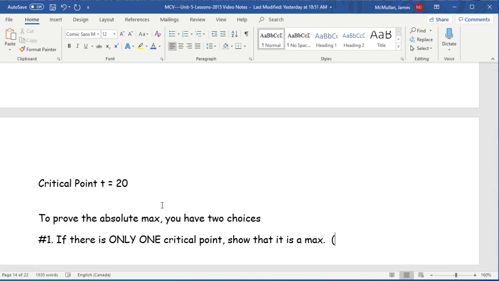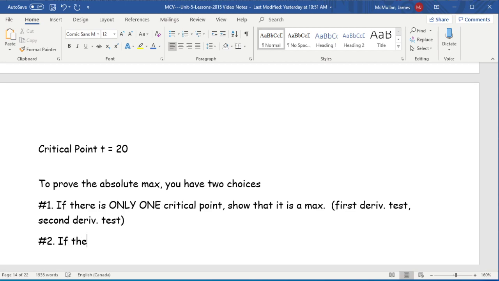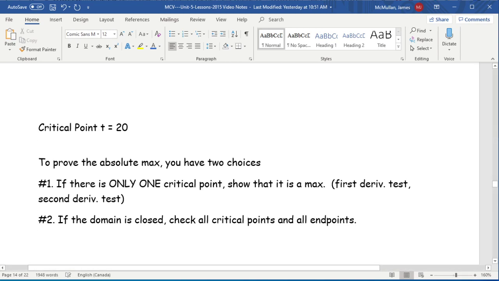You can do the first derivative test or the second derivative test, whichever. Number two, if the domain is closed, check all critical points and all endpoints. Up to you which one you do, but you need to do one or the other. For us, let's do the second one.